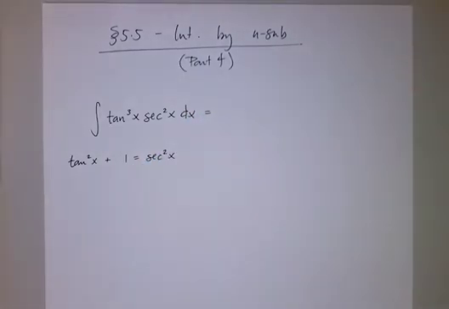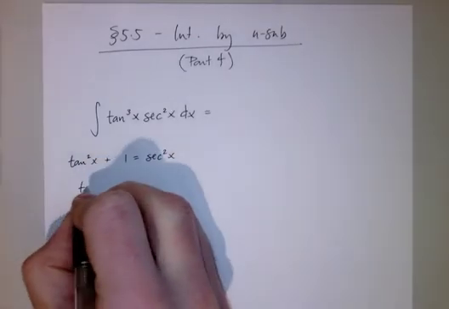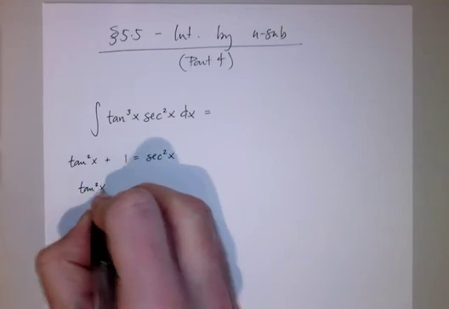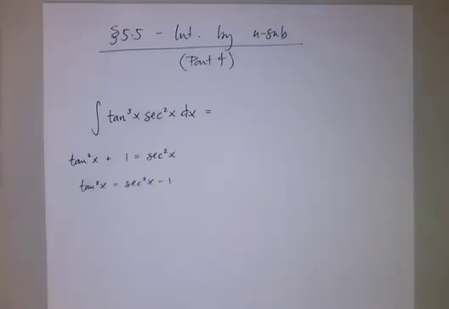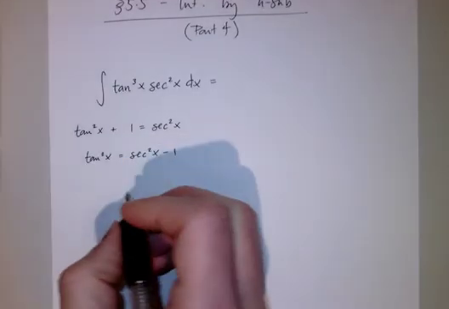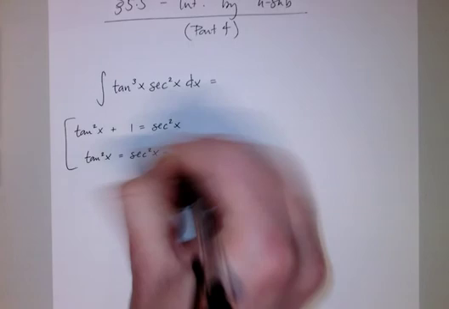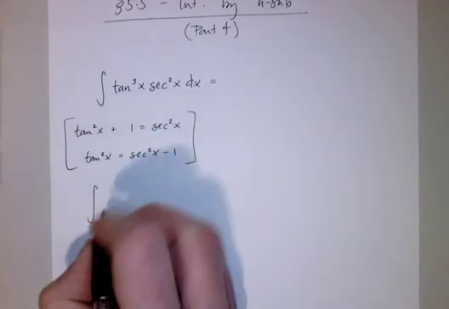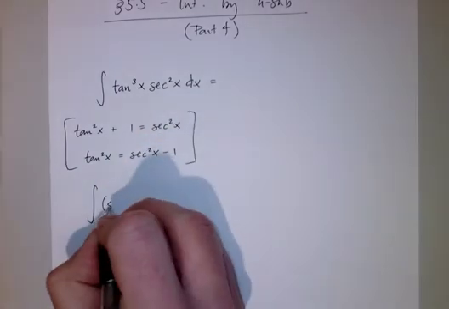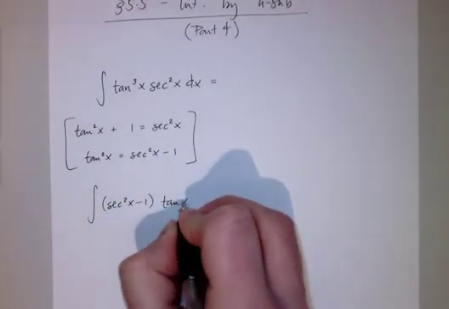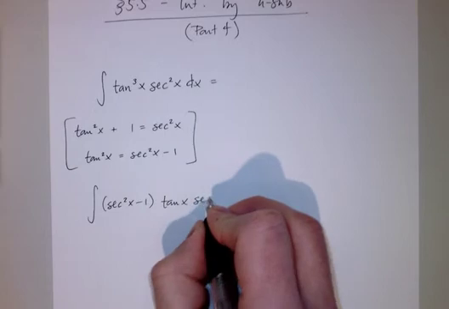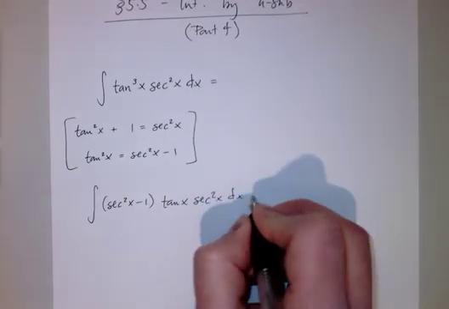So let's see whether we actually can change the form here, because I know that tangent squared x is equal to secant squared x minus 1. If I take this into account, I can change that into secant squared x minus 1. There will still be a tangent left over, and of course a secant squared dx.